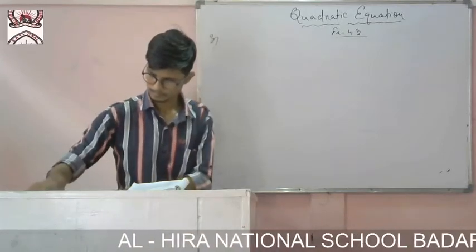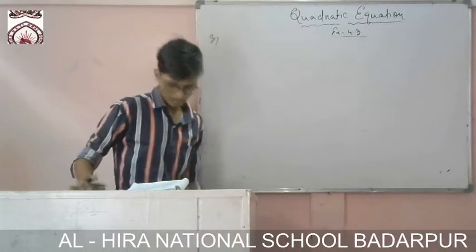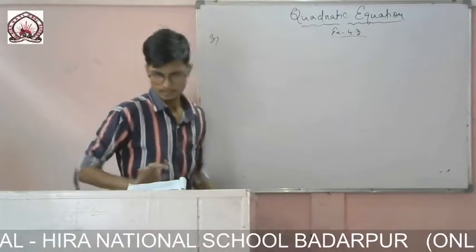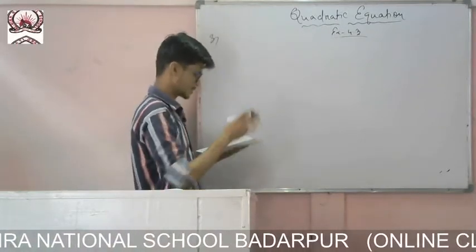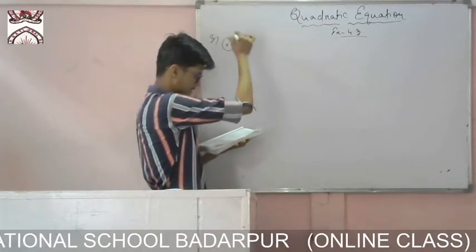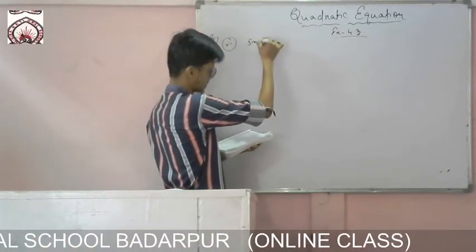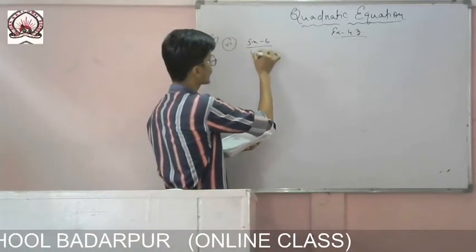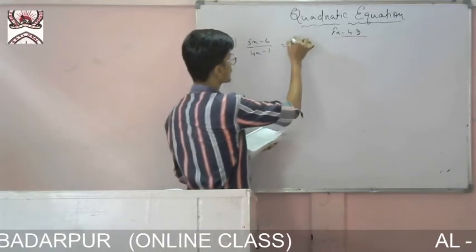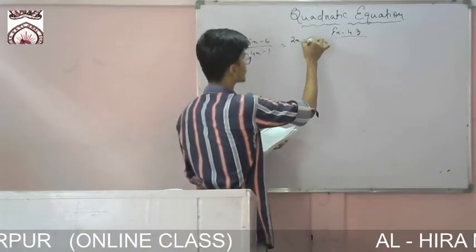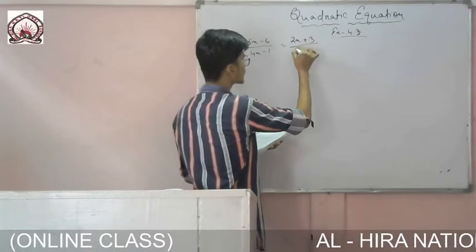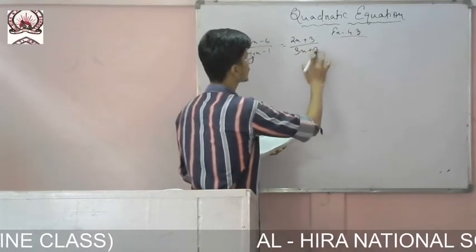So what is given, you see, let me write the question. It is given like this, that 5x minus 6 by 4x minus 1 equals to 2x plus 3 by 3x plus 2.